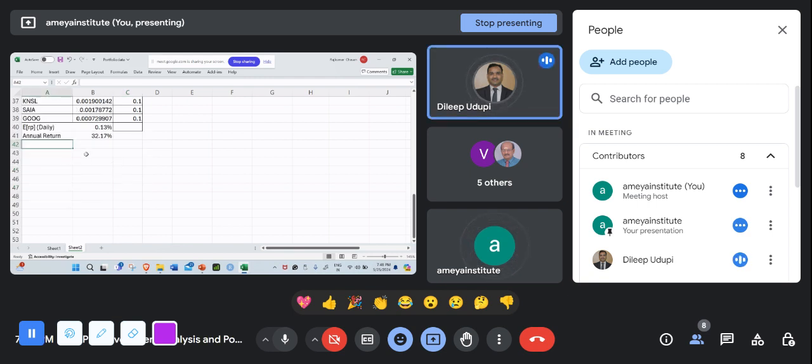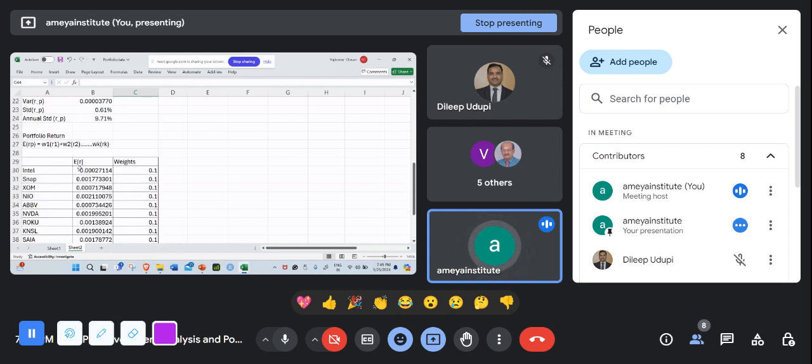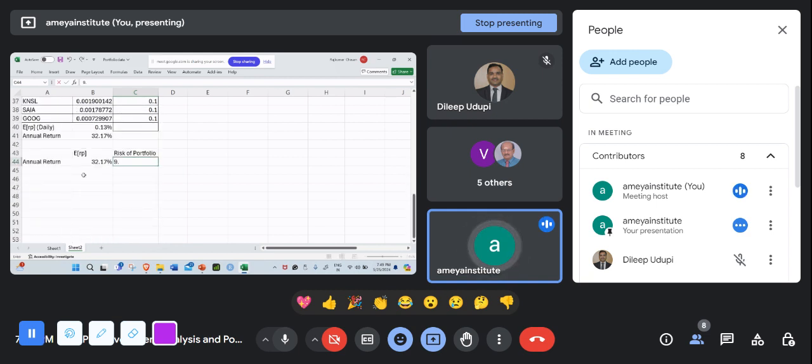Yes. So we have ERP, that is expected return on portfolio, and one is risk of portfolio. So if you take, the annual return of this portfolio is 32.17, and the risk of the portfolio is 9.17.